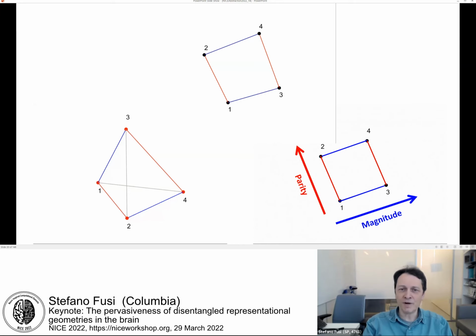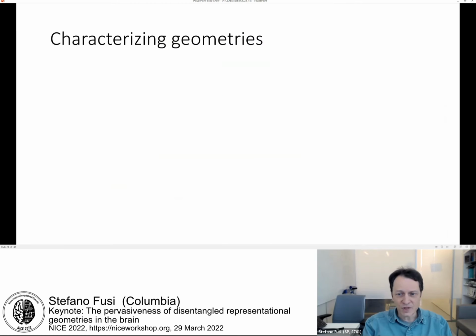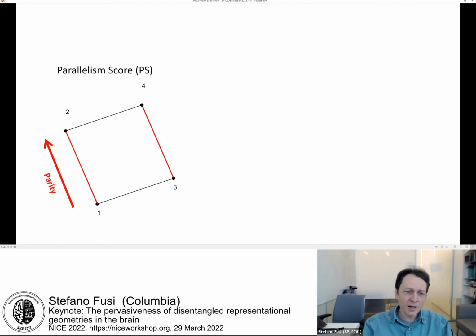Okay, so how do we find these kinds of representations in the brain or in artificial systems? So we have a few ways of characterizing these representational geometries. Okay, so the geometry is really the arrangement of these points in the firing rate space or in the activity space. So one is inspired by essentially what I discussed in my first slides.